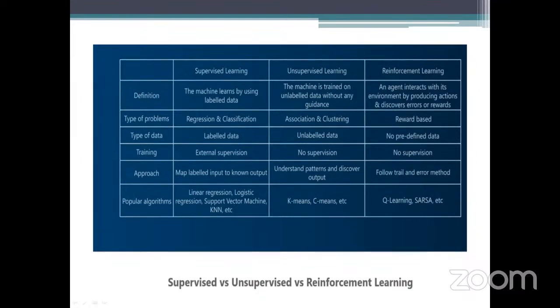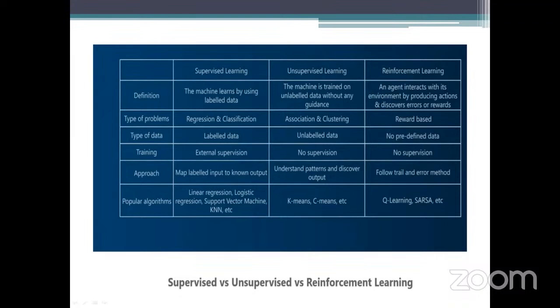Unsupervised learning: the machine is trained on unlabeled data without any guidelines. No guidelines are given, no clue is given about what is going to be done, right? Next, the third one is reinforcement learning: an agent which interacts with its environment by producing actions and discovers errors or rewards, right?